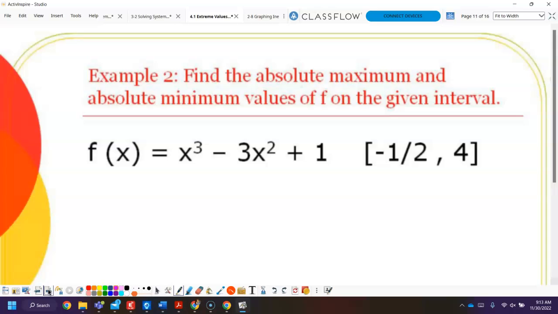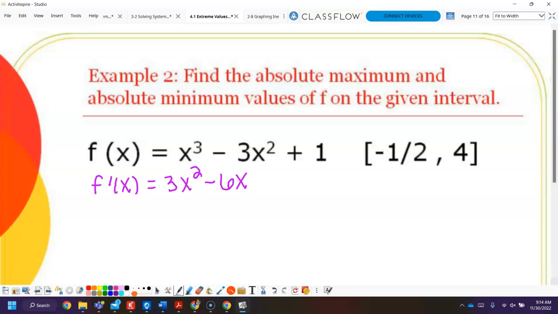Okay, this time we have x cubed minus 3x squared plus 1, closed interval. So same thing, find your derivative. Set your derivative equal to 0. At this point, we haven't had any points where it's a critical point yet that is a DNE because we don't have that absolute value or we don't have a denominator.